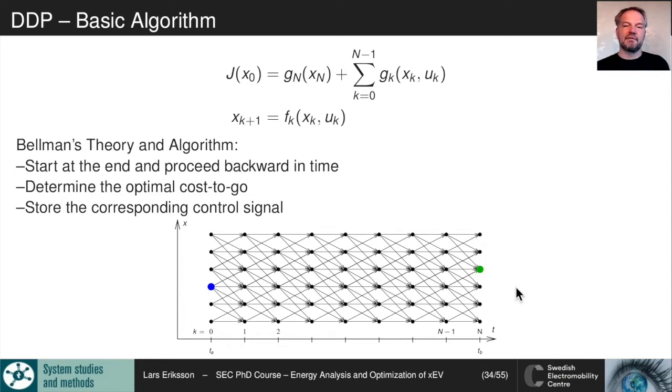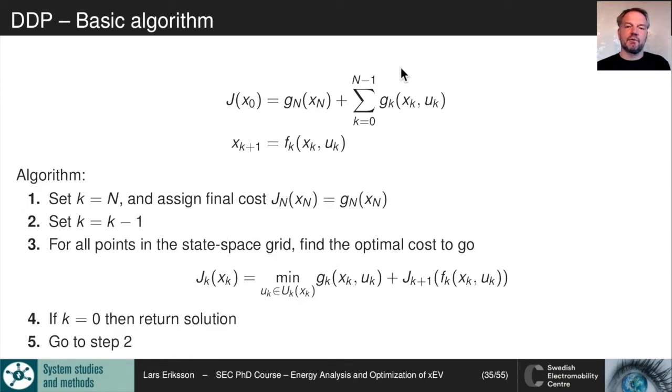So that's the basic idea behind deterministic dynamic programming, and this is what we want to solve with this difference equation. And to solve it, we start at the end. We assign the final cost to be the same as we have here in the final cost.